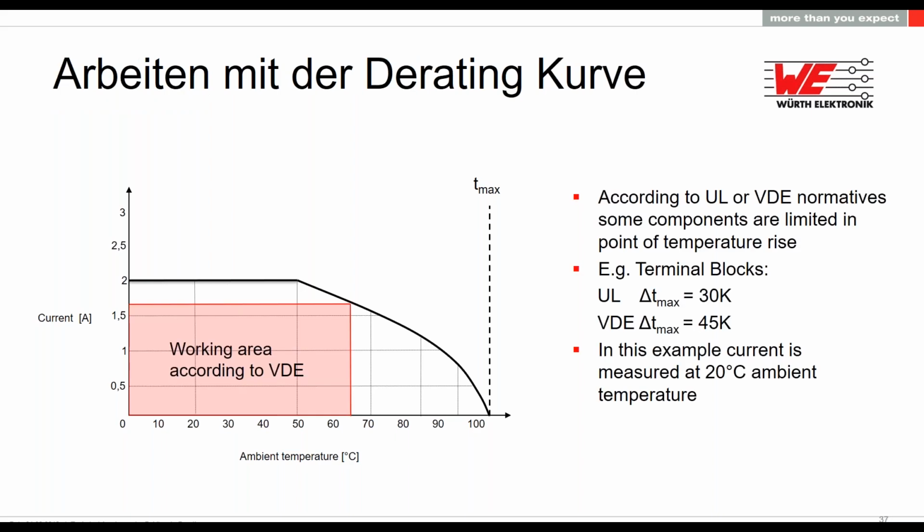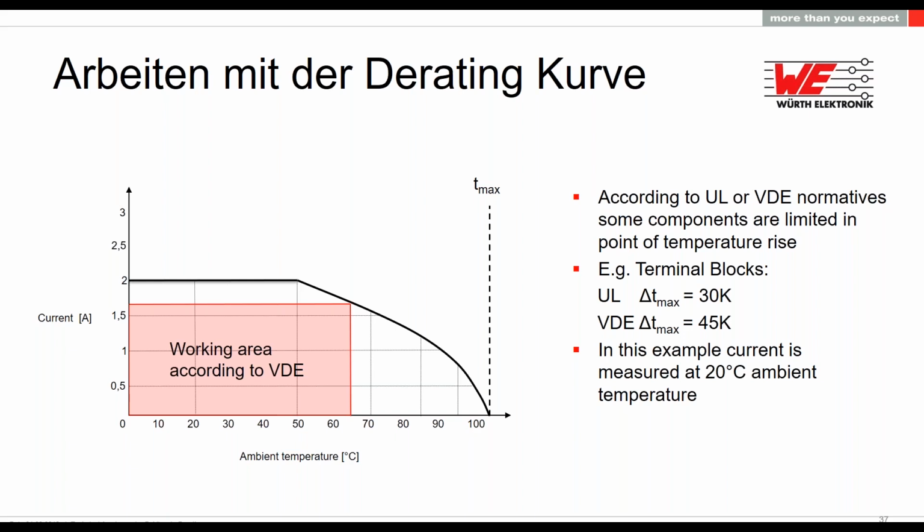And now it depends if you have to take care of the requirement in point of self-heating of UL or VDE. So self-heating of maximum 30K or 45K, you have to know where is your starting point. And in this case, this curve was measured at 20 degrees ambient temperature. So the maximum allowed to reach is 65 degrees for VDE.